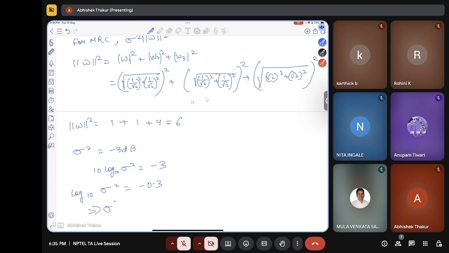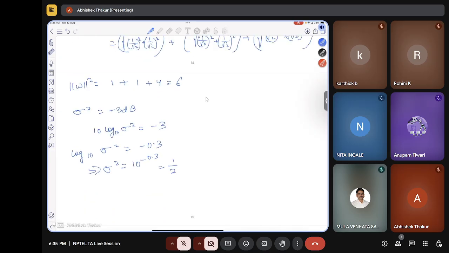This implies that sigma square will become 10 to the power of minus 0.3. So this is 1 by 2. So what is the value of noise power? Sigma square into norm of W square, that is half into 6, because sigma square is half. So this is equal to 3. So noise power is 3.